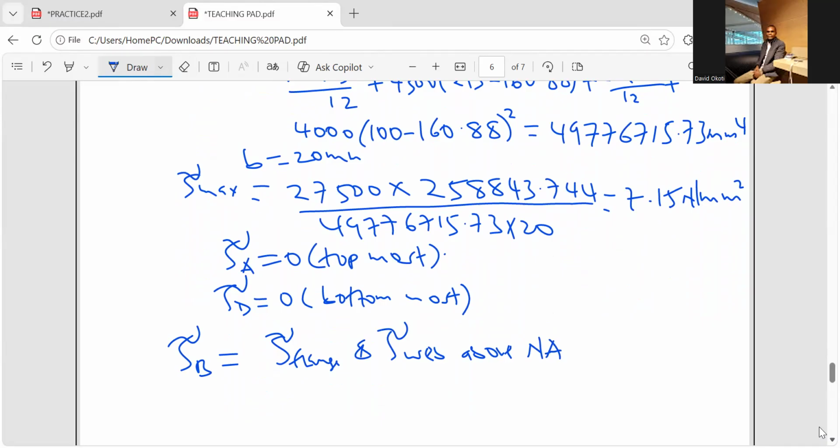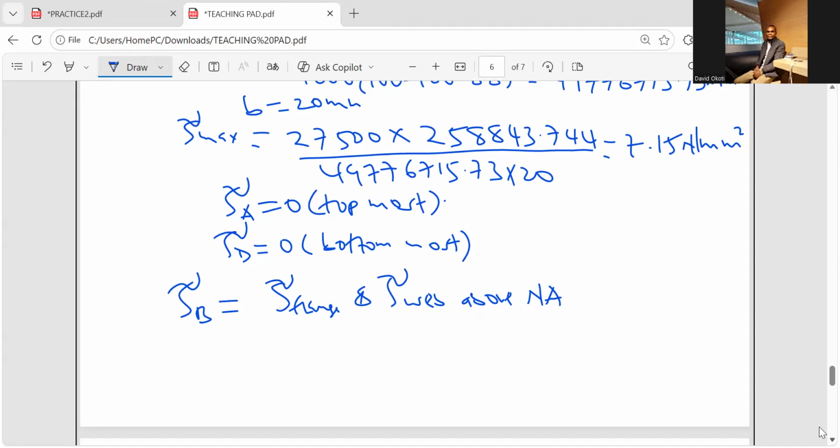Remember, for web you must specify that part above the neutral axis. Now let's start with flange. So shear stress for flange is equivalent to, the formula is still the same, F A Y bar divided by I B.